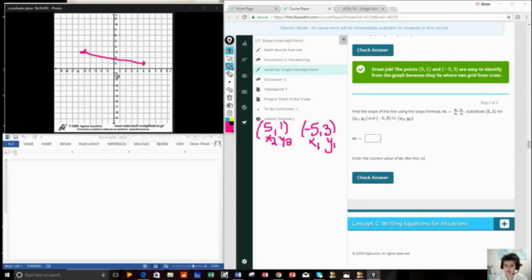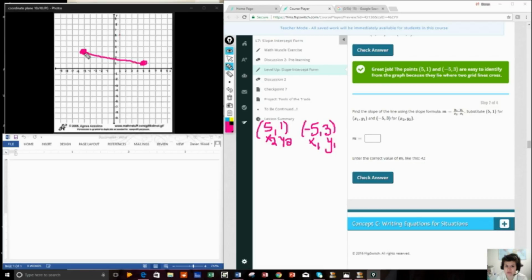So I'm going to do this graphically so that when we do the algebra we can make sure that it is correct. So if I ended here, let's just count this. Okay, here we go. This is my x2, y2, x1, y1.